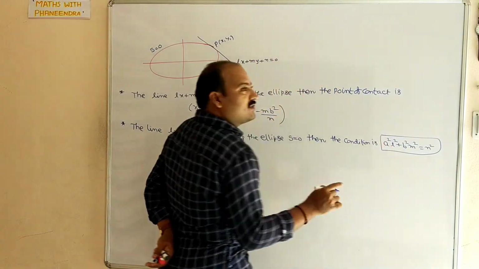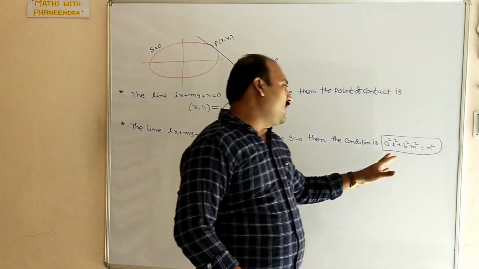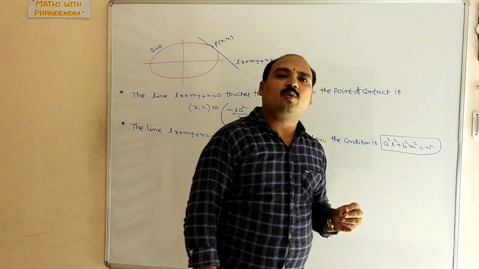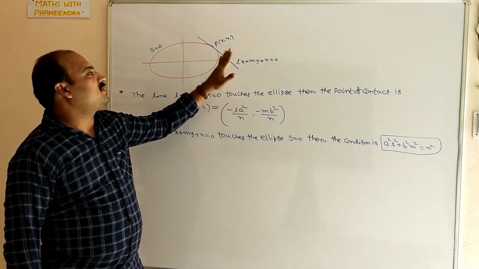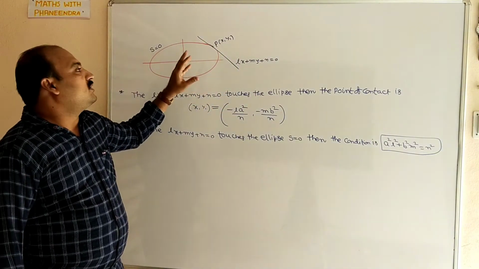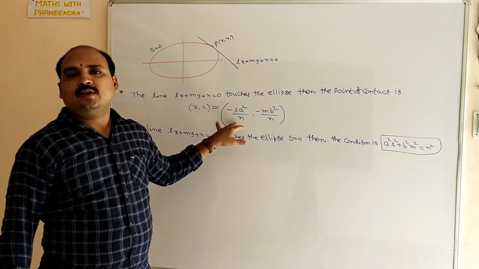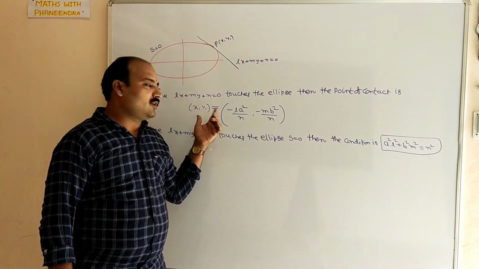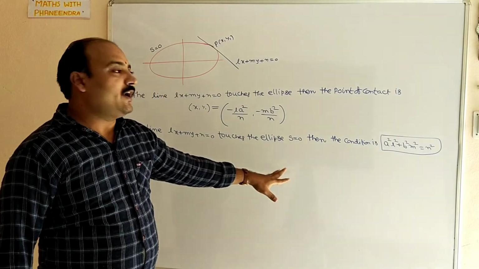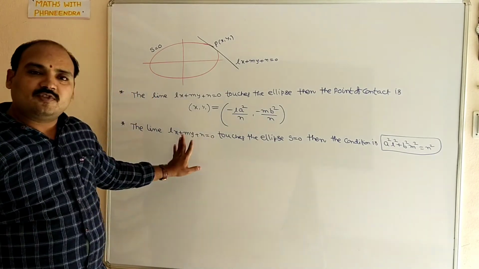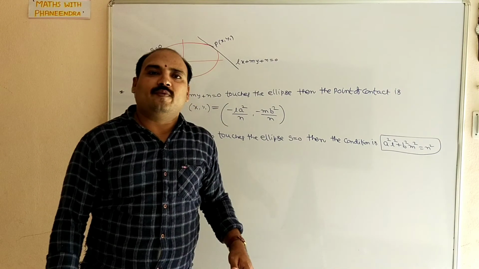It is looking like c square equal to a square m square plus b square. So a square l square plus b square m square equal to n square is the condition for the line lx plus my plus n equal to 0 to be tangent to the ellipse. These two are very important conditions. If they ask for the point of contact, apply the shortcut formula and you will get it. If they ask to calculate some unknown value from the line, if this line is a tangent to the ellipse, by using this condition you will get the unknown value.